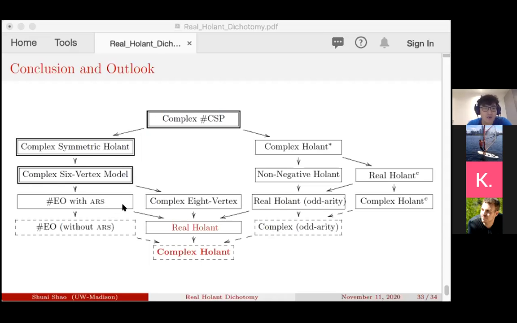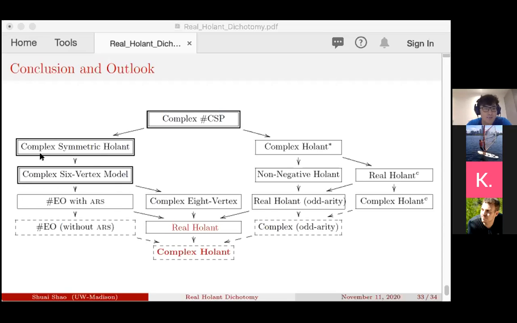Secondly, we also need to prove a dichotomy for counting weighted Eulerian orientations. We use #EO to denote counting weighted Eulerian orientations. We need to prove a dichotomy for this problem without assuming a symmetry called arrow reversal symmetry. So now we have a dichotomy for EO with this assumption. This is an assumption that is usually assumed in statistical physics.